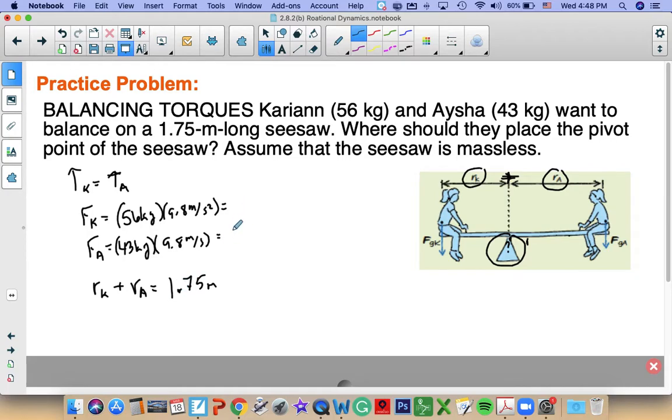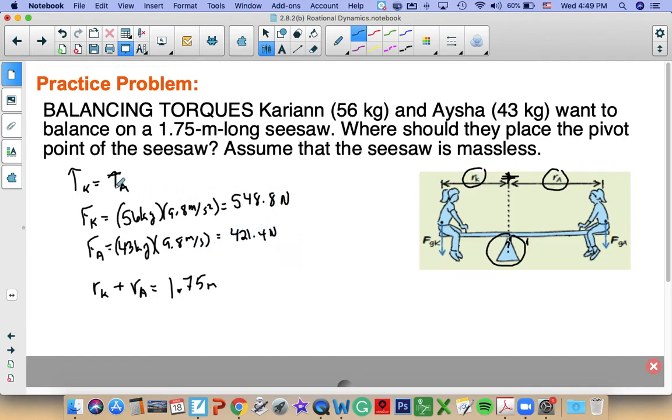So let's get these numbers quick. 56 times 9.8 and 43 times 9.8. For Carrie Ann, I have 548.8, and that is measured in newtons. And for Aisha, we got 421.4 newtons.